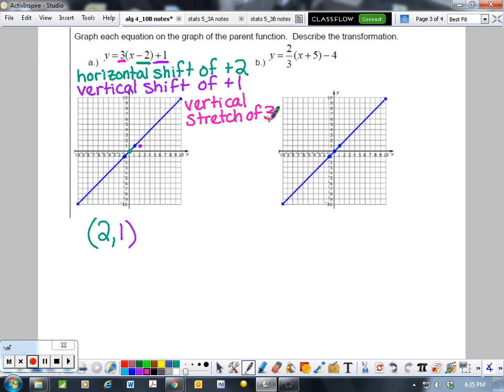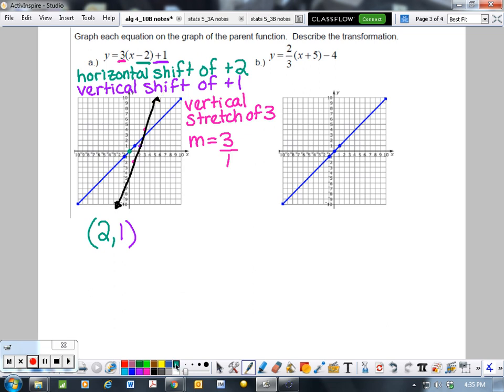So from this purple point, I'm going to have a slope of 3. So I'm going to go up 3 over 1. 1, 2, 3 over 1. Or I can go down 1, 2, 3 over 1. And that's going to be my new line. And so my points there are kind of showing how that graph is changing.